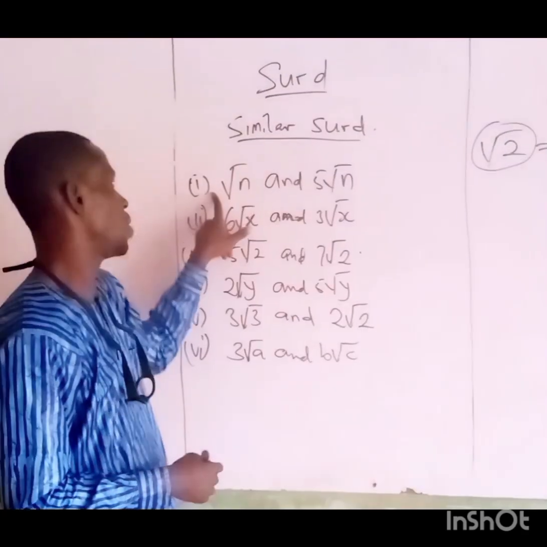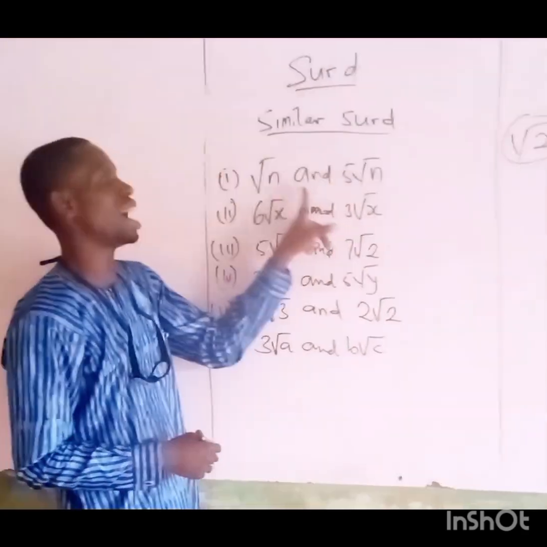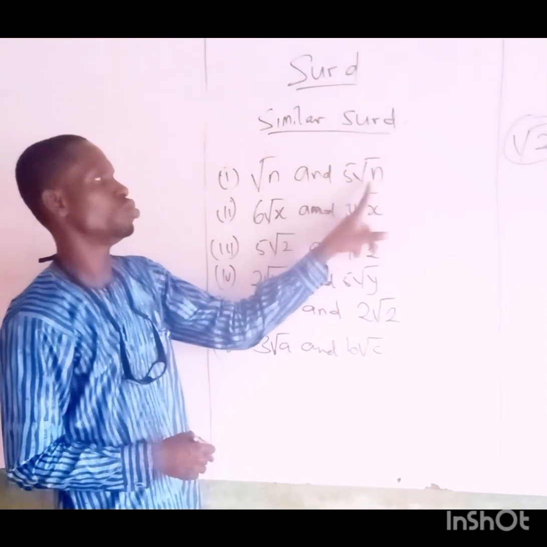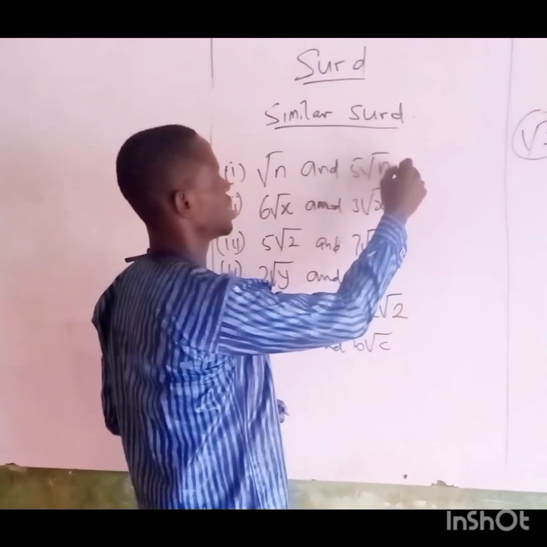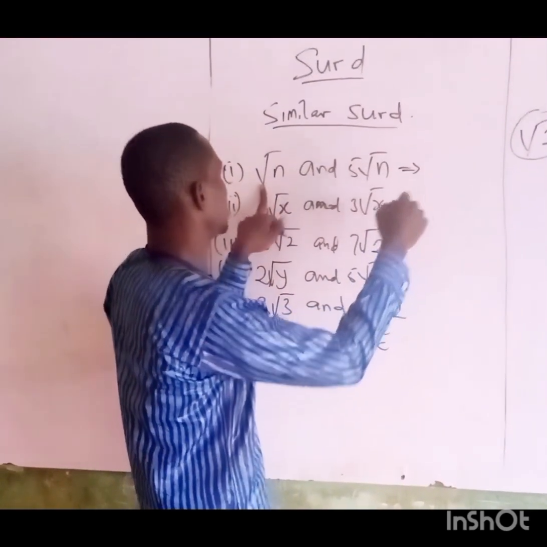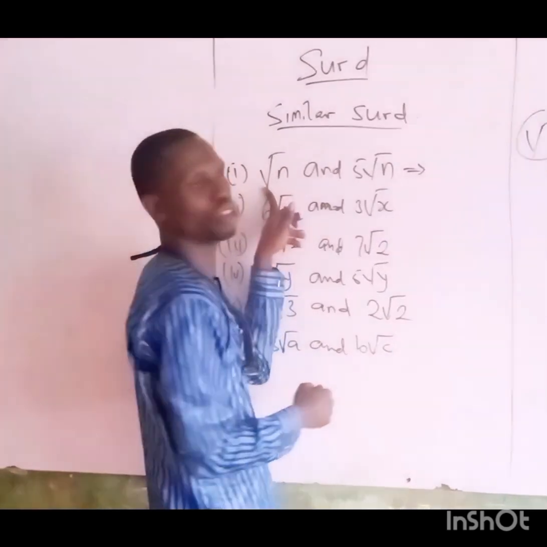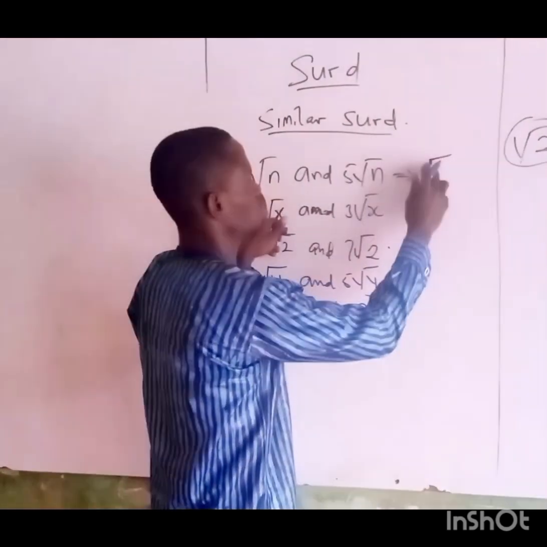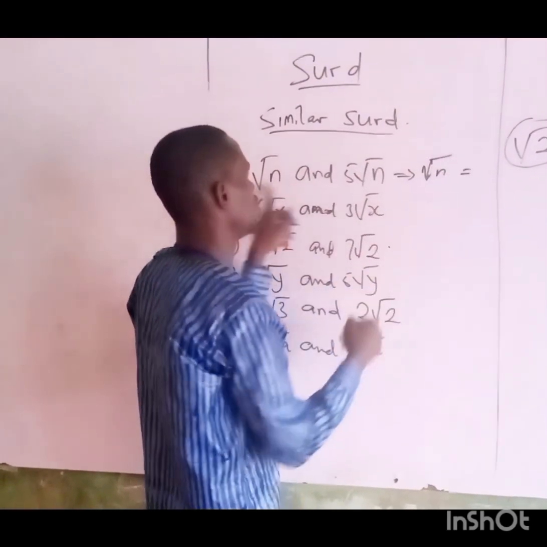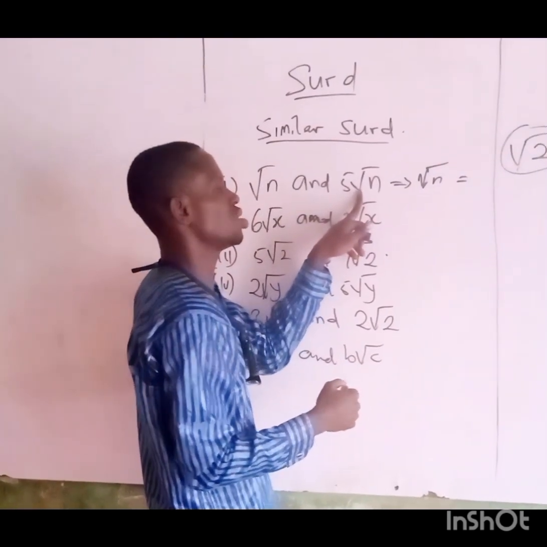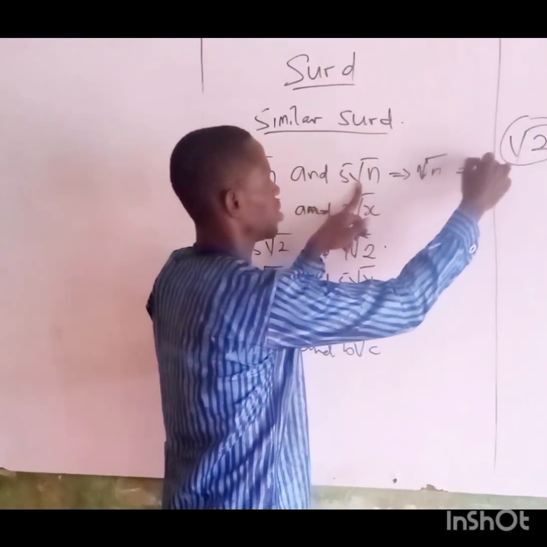Let's see example number 1, root n and 5 root n. When you look at this, you will see that the irrational number in the first surd is root n. Also, the irrational number in the second surd is root n.